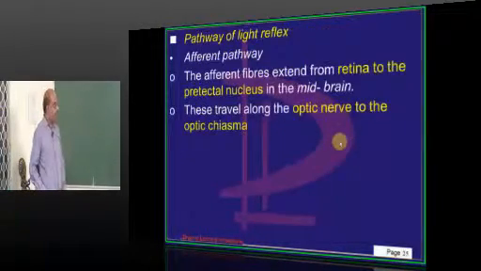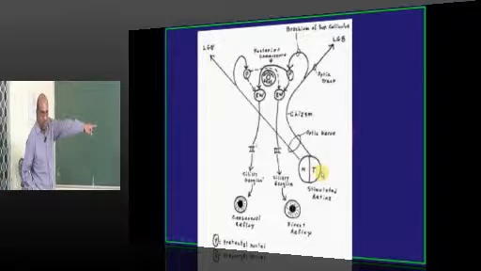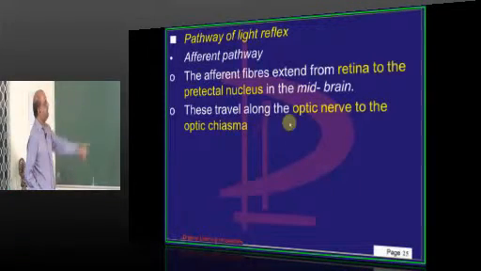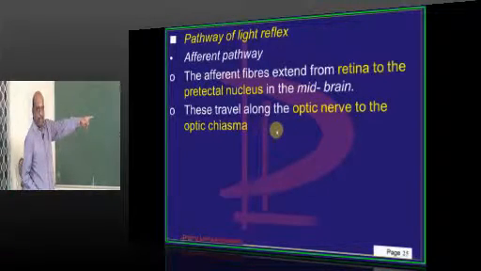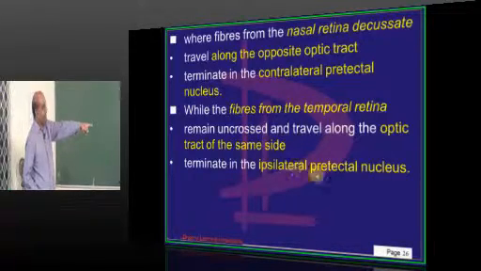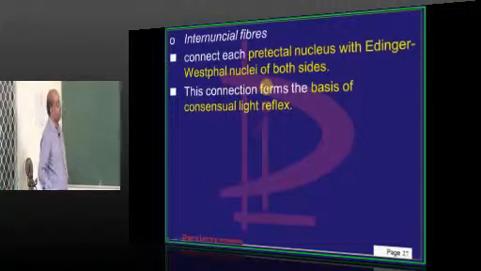Whereas the fibers coming from the temporal retina go the same side. They travel along the optic nerve to the optic chiasma, and the temporal retinal fibers will go to the same side pretectal nucleus.